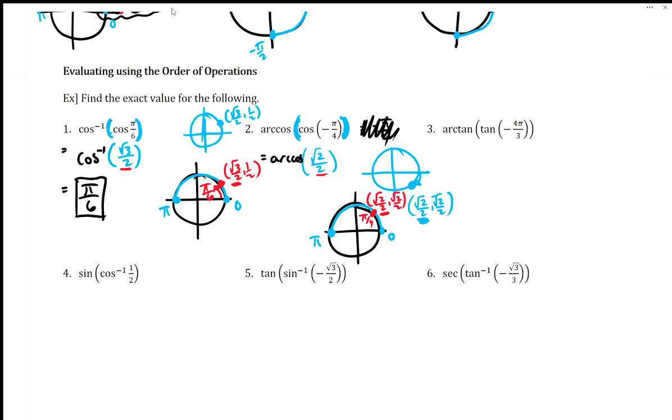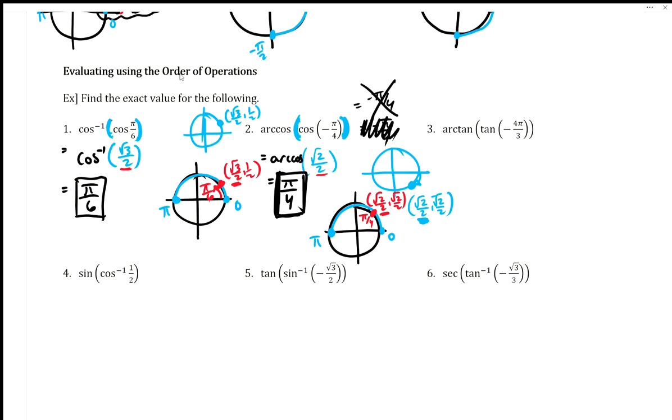So our answer for this problem is pi over 4. That's why we break it down with the order of operations. Notice I scribbled it out. If we used the rule from number 1, we would have gotten the wrong answer. It is not negative pi over 4. The final answer is positive pi over 4 because arc cosine and all the inverse trig functions have special ranges. We have to make sure we're in the right range for our final answer.